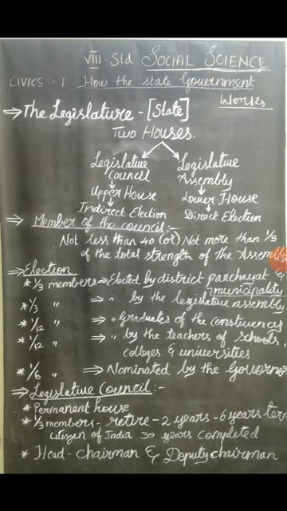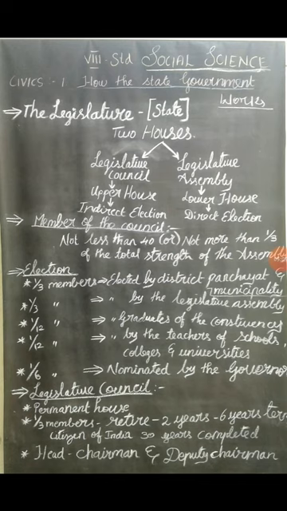Another 1/3 is elected by the members of the legislative assembly. 1/12 is elected by the graduates of the constituency and another 1/12 by the teachers of secondary schools, colleges and universities, and 1/6 are nominated by the governor.